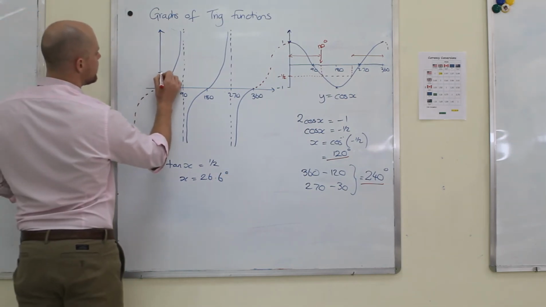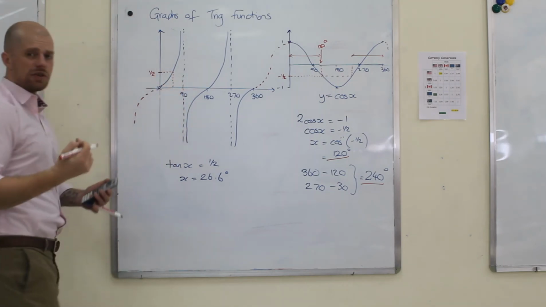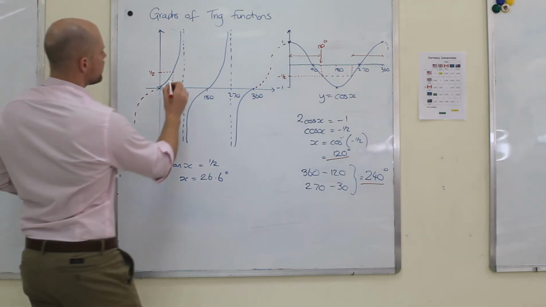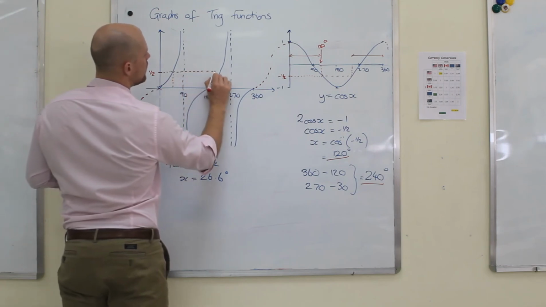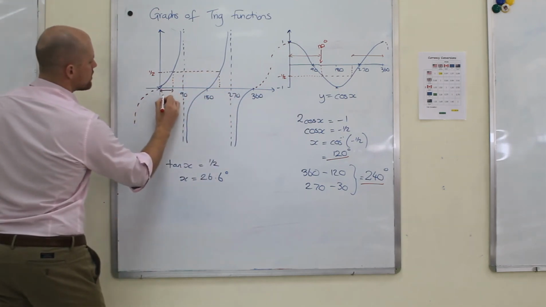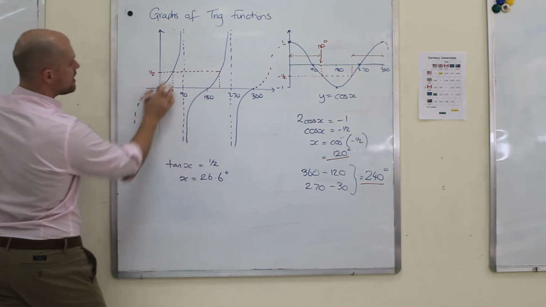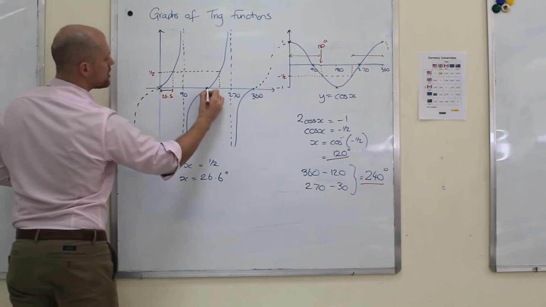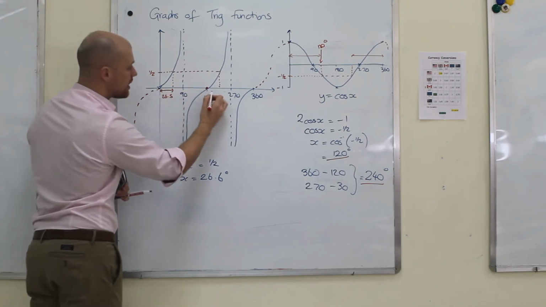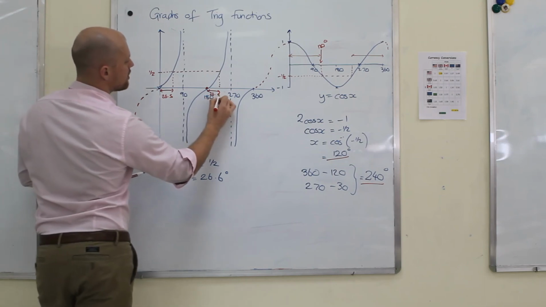So that is here. If this is 1/2, that value's there. But I also have one more value. My other value is here. So this is 26.5. And also, if you think about the symmetry of the graph, it crosses through at 0 and crosses through at 180. So that would also be 26.5.